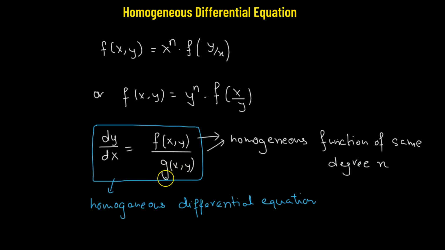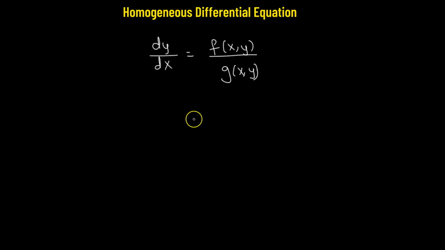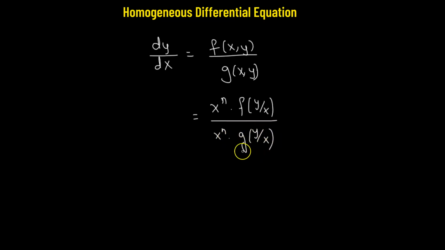For that, all we have to do is make a substitution, y equals v times x. Let's try to do that. So the homogeneous function can also be expressed as x raised to the power of n times f of y over x divided by x raised to the power of n times g of y over x.